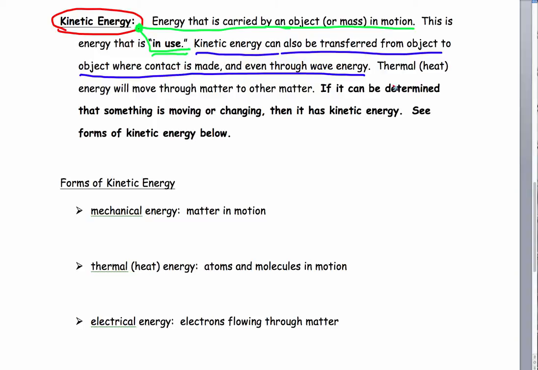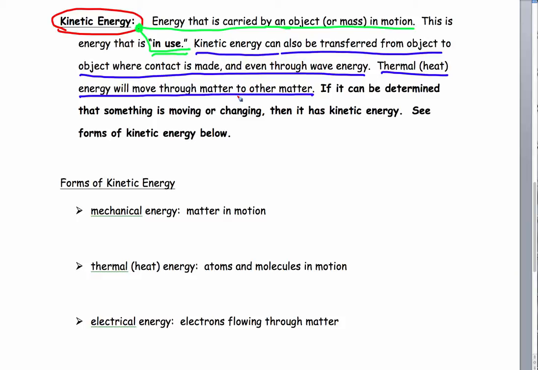But also, thermal heat. We call heat thermal energy. So thermal or heat energy will move through matter to other matter. So think about this. You take a frying pan, you put it on the burner, you pop a hamburger in the frying pan, 5, 6, 7 minutes later, 10 minutes later, you've got a cooked hamburger and it never touched the fire.